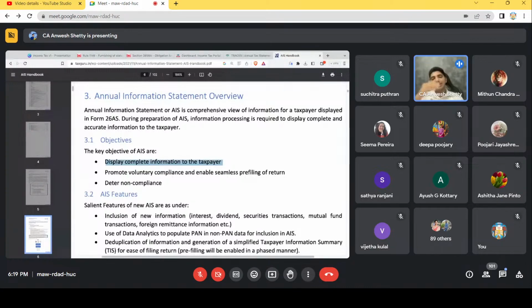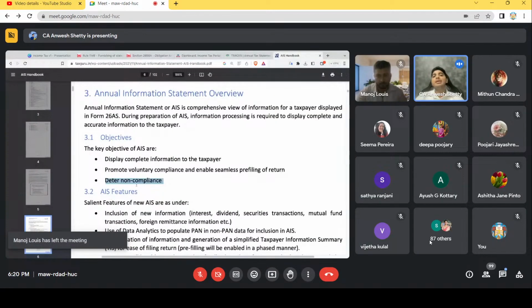So if you just have salary income and you're filing your ITR1, you don't even have to know income tax. You just go on clicking next, and your income tax return would be filed. The third objective is to deter non-compliance. If somebody does not want to pay, when he knows the department knows about him, he'd be more comfortable complying with the law.